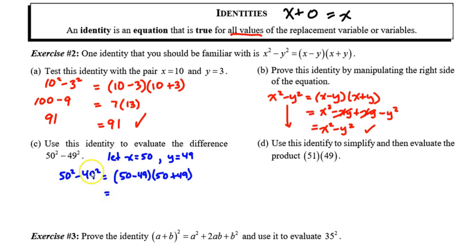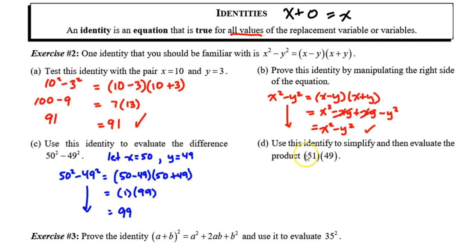So the advantage of doing this is I don't really know what 50 squared minus 49 squared is, because I don't know what 49 squared is, and that'd be complicated. But hey, I do know 50 minus 49, that's simple stuff. And I can certainly do 50 plus 49, that's 99. And so the difference between the squares of those two numbers is just 99, and that's pretty powerful.